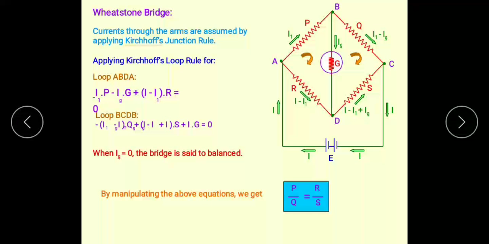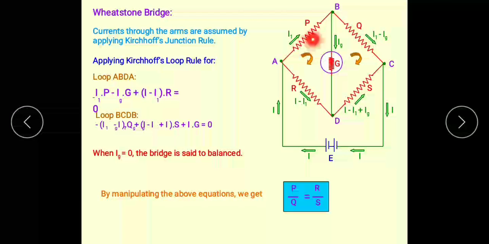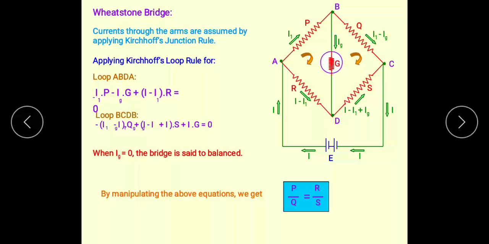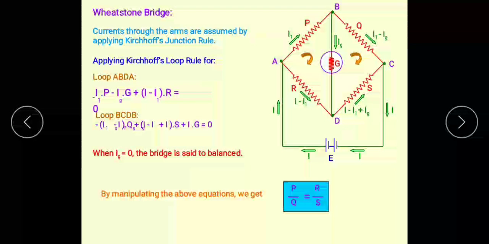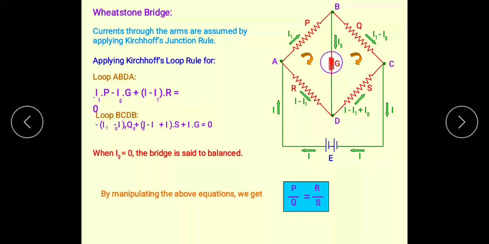Now what will be the sign? We have discussed earlier that if the direction of the current and the direction of our calculation are the same, then we will take the potential difference as negative. And if the direction of calculation and the direction of current are opposite, then we will take the potential difference as positive.